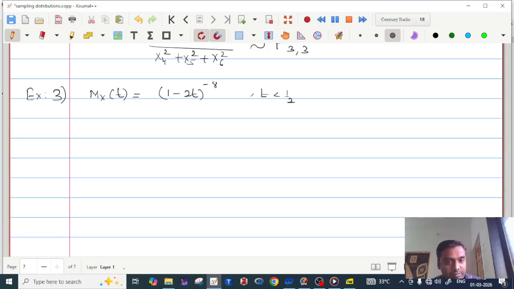Identify the distribution, and hence obtain its mean and variance.